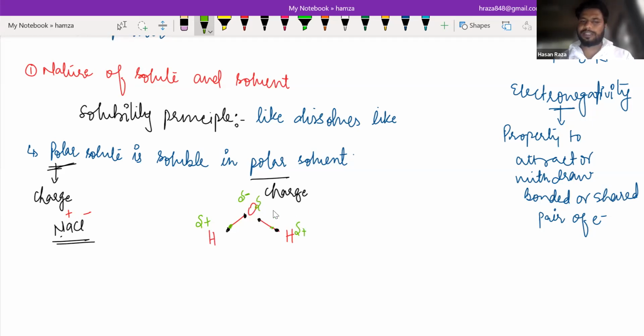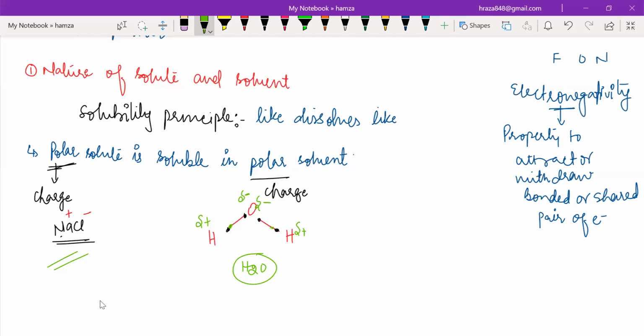So basically H2O is a polar solvent. In order to dissolve in H2O, a solute must be a polar solute. Is that clear, everyone? Hamza, Fatima? Yes, sir. Okay, thank you.